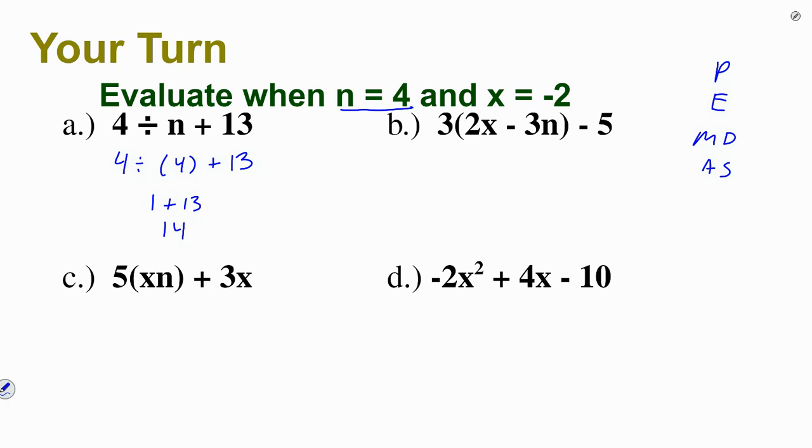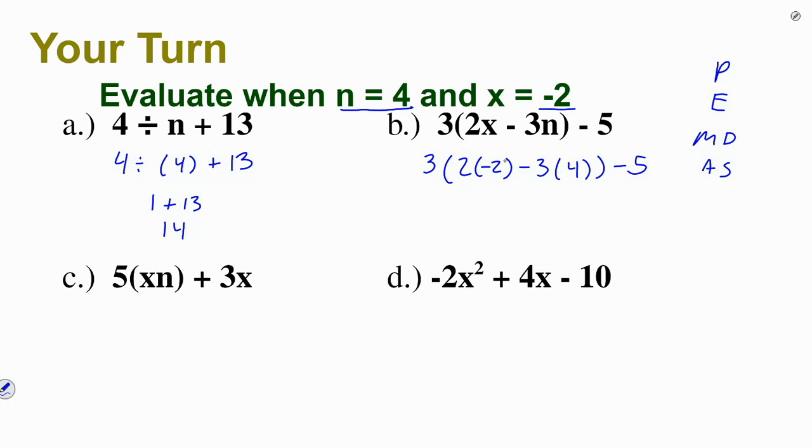Let's do B. Here, I've got multiple variables that I'm going to evaluate. So I've got x and I've got n. x is going to be -2 and n is going to be 4. So I have 3 parentheses, 2 parentheses -2, make sure you put it in the right one, minus 3 parentheses 4, minus 5.